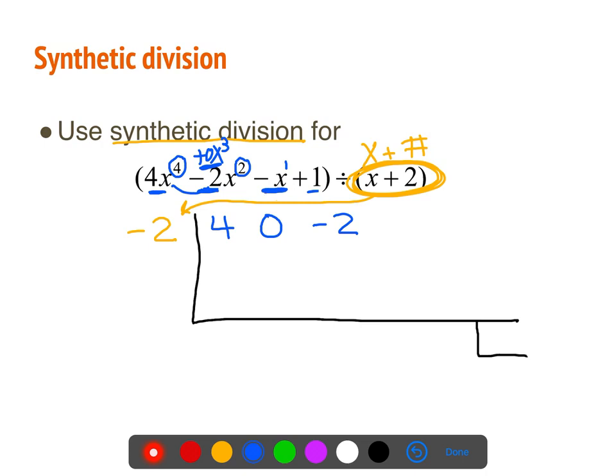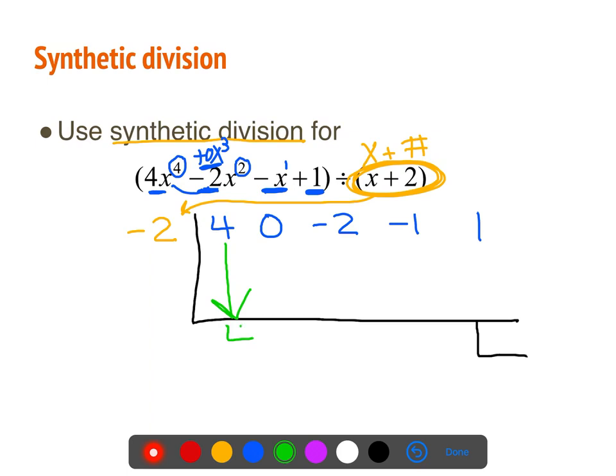So I had 4x to the fourth, so there's a 4. I had 0x cubed, so there's a 0. I had negative 2x squareds. I had negative 1x's. And then I had positive 1. So each of them gets a nice, beautiful column. And the last one is going to be over my basket.